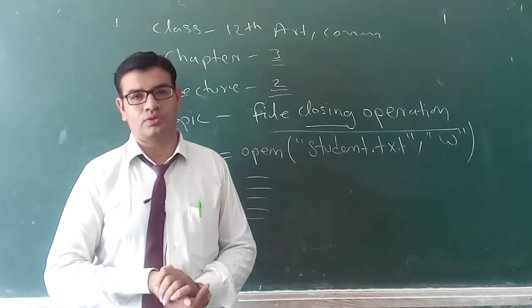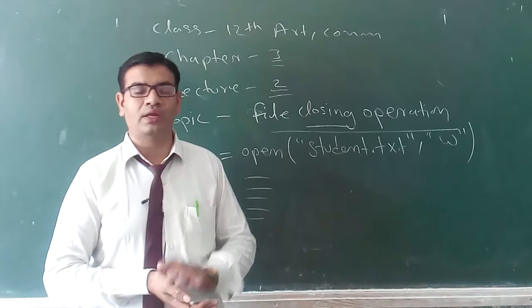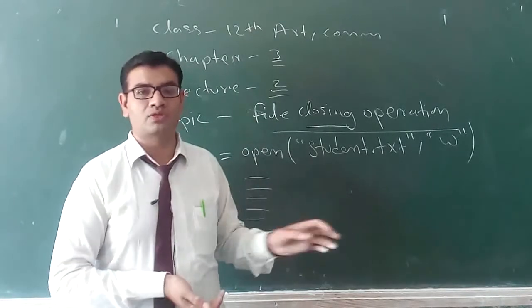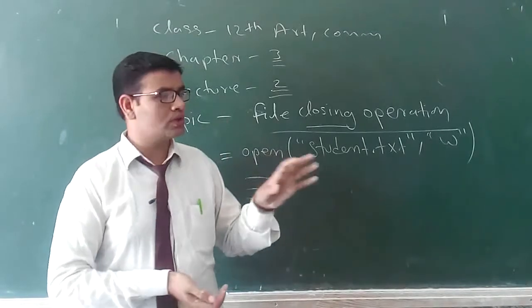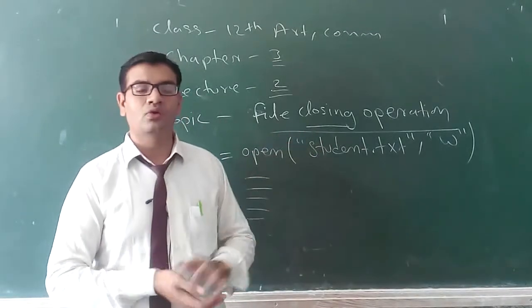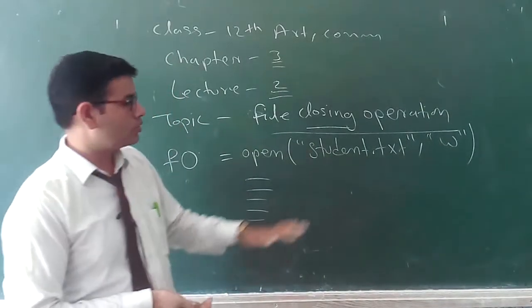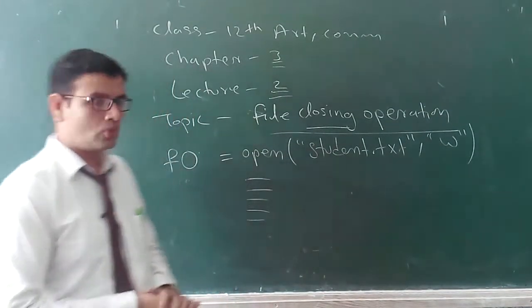You have to close your file. After that your file will be closed, and the allocated memory space, or you can say the processed data, will be permanently stored to your file on the hard disk.